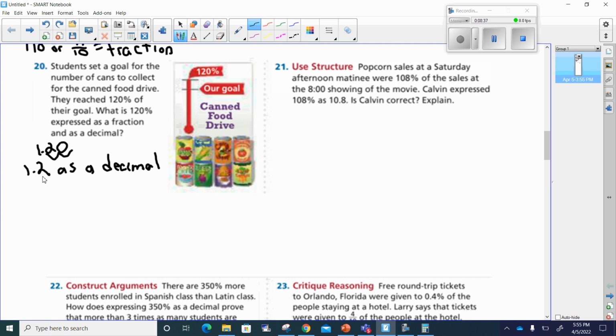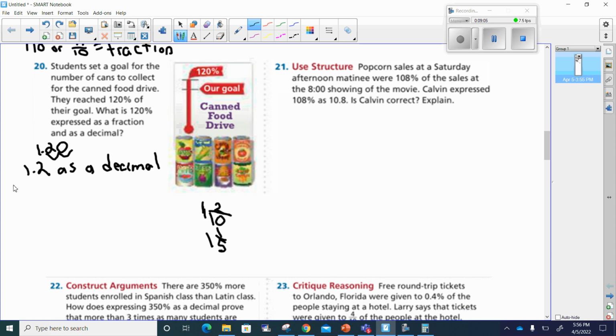And then we could turn this into a fraction by remembering that if I have 1.2, I can get rid of the decimal by putting a line in place of the decimal and putting a 0 underneath it, putting 1 there. I could have 1 and 2/10, which can be reduced to 1 and 1/5. Right? I could also say that I have 5 times 1 plus 1, that would be 6.